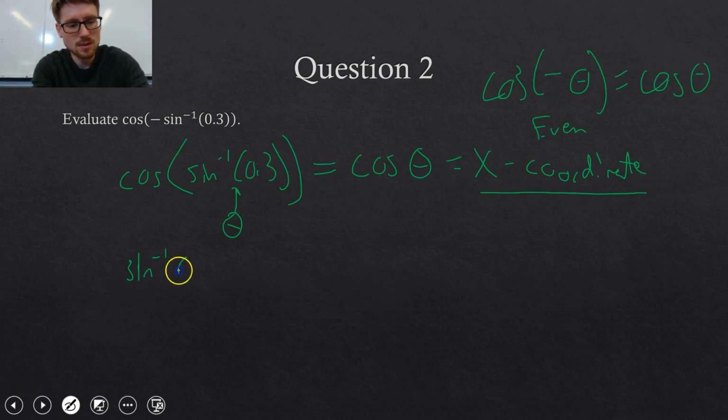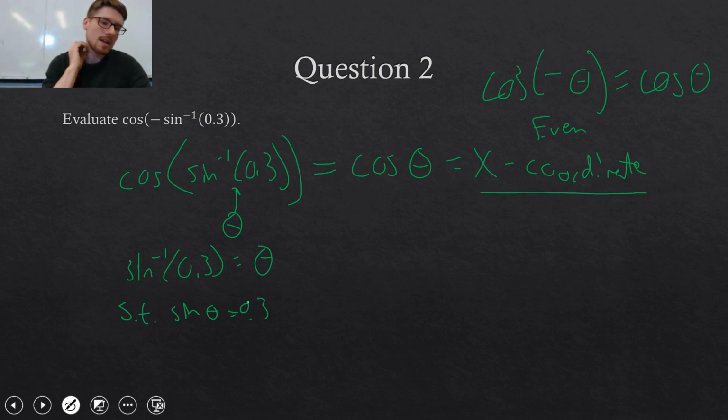What is this? Well, this is an angle, remember? The answer to sine inverse is an angle, and it's the angle where sine of that angle is 0.3. And it's the angle in either quadrant 1 or 4, because that's the range for sine inverse.